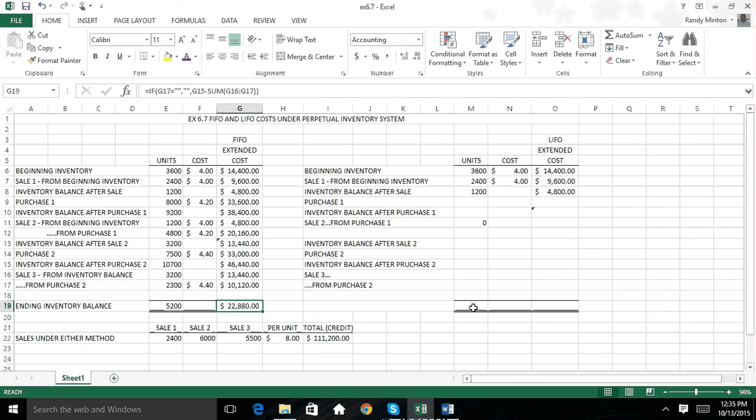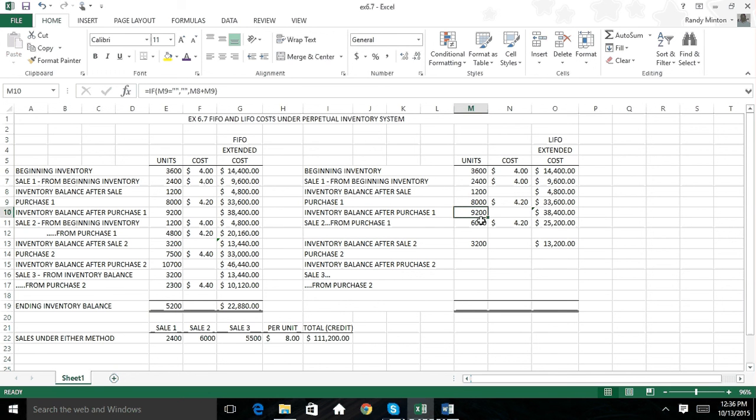Okay, so since we don't have a purchase before we have a sale, we have no choice but to take the first sale of 2,400 units out of the beginning inventory, and you'll notice that across the board here, everything is exactly the same through the first sale. Now we have a purchase, and the purchase is the same on either side of 8,000 units, and at $4.20 a unit.